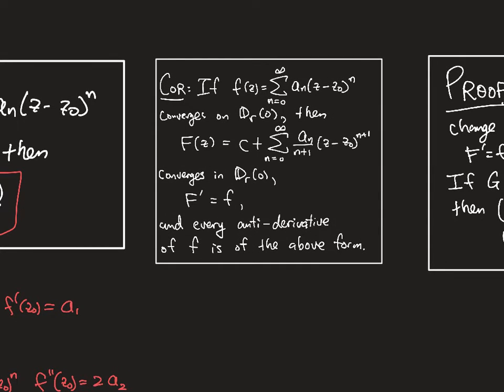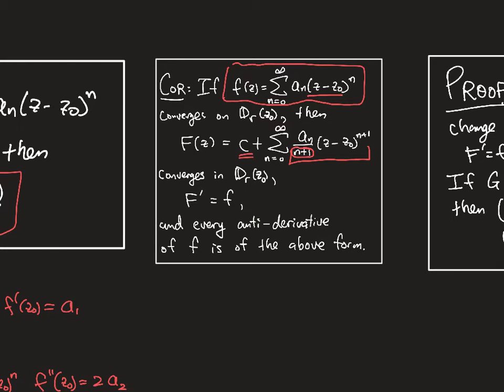Another corollary is the existence of antiderivatives of power series. So if I have a power series centered at z naught, then I can just take the term-by-term antiderivatives of these monomials to get this expression, and this will have the same radius of convergence as the original power series, so it'll still converge in this disk because this n plus 1 term won't change the radius of convergence.